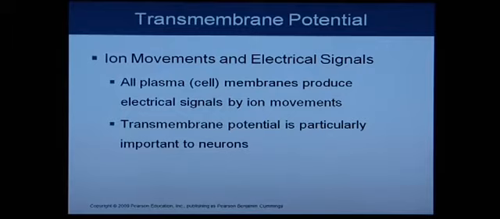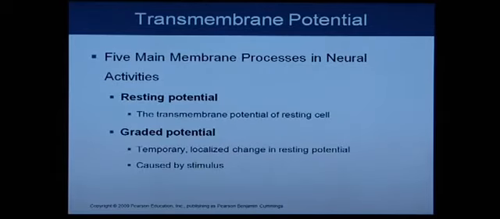Transmembrane potential is very important to neurons. This is how we are going to conduct impulses. So some of the things we've got to do in order to send signals through the neurons, we have to understand the resting potential and the graded potential first.